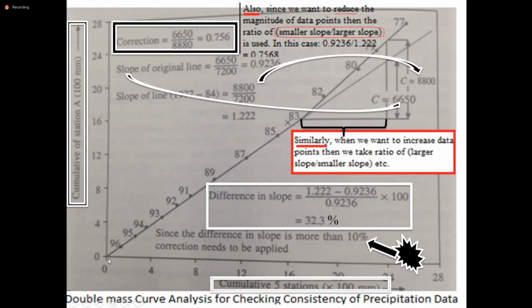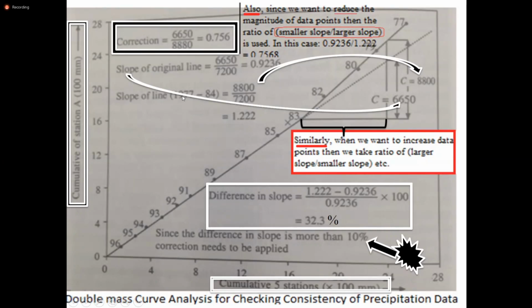So run is here and rise is there. Let's say from 85 down, we read this value, and then we divide by the corresponding value, because we are starting at 0. If we start at 0, then you do not have to take the difference. So rise over run will give you the slope. That slope is shown here.